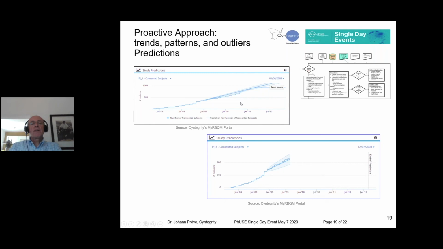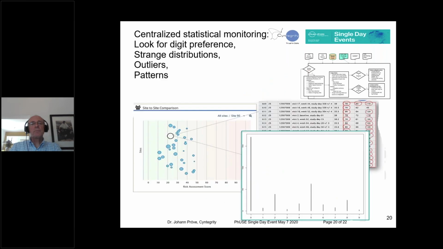But you can run these predictions not only for enrollment, but you can run this also for serious adverse event reporting or any other indicator that you have. And that is something that I personally think is very helpful to have those predictions in place.